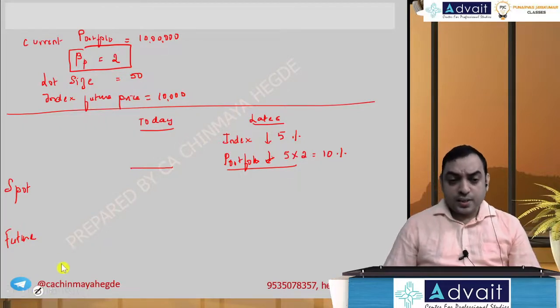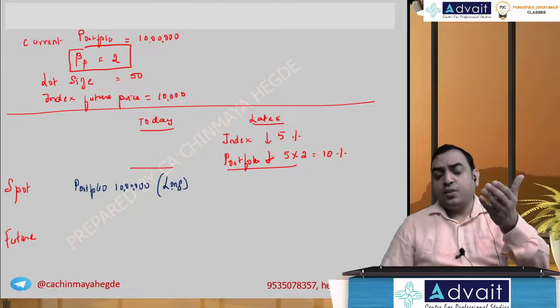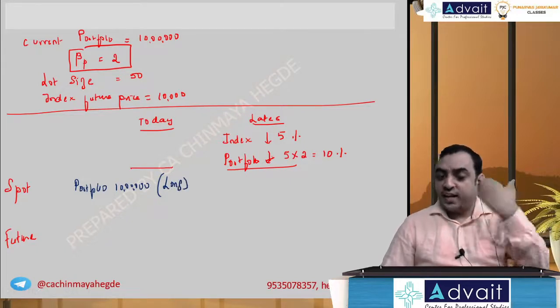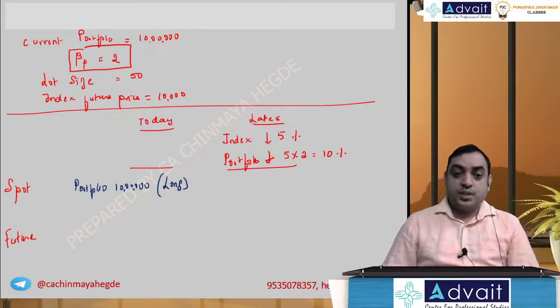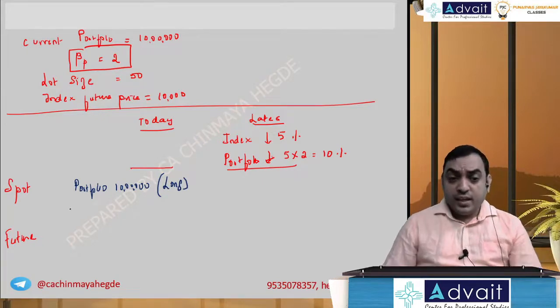Now spot market, you are having current portfolio of 10 lakh. So portfolio amount 10 lakh. And in general, nothing is specified. You are investing for a future period. Your purchase today, that is implied. So long position implied. In index future, you have to enter into number of contracts.